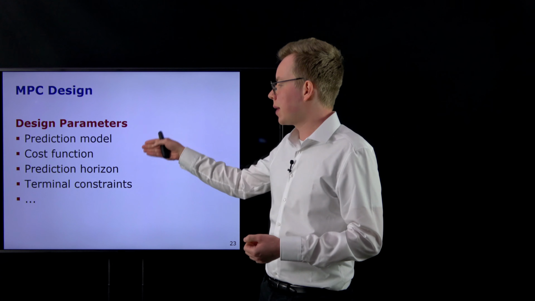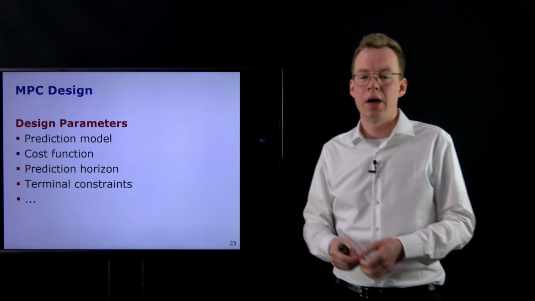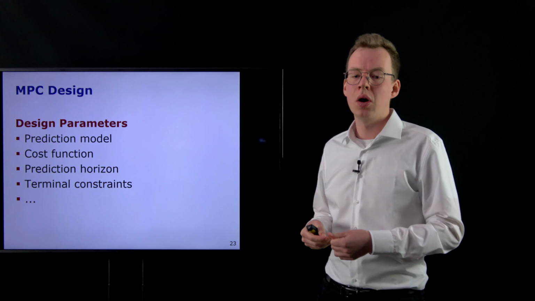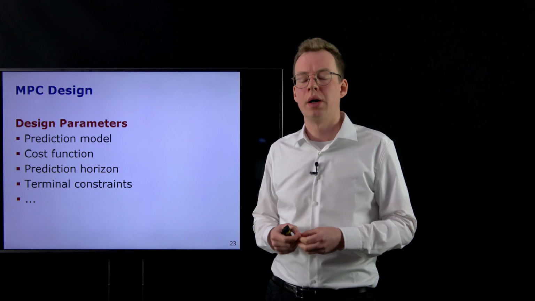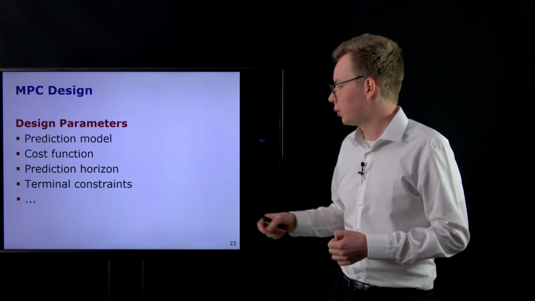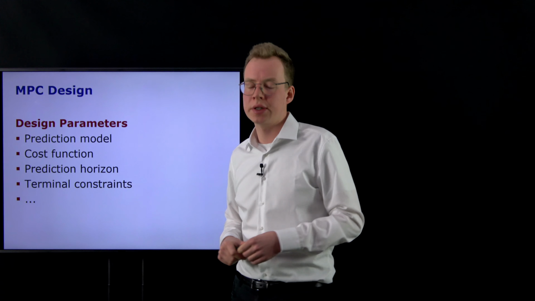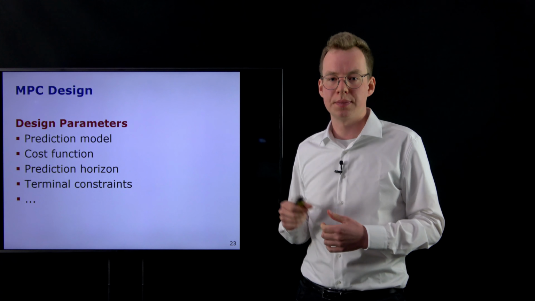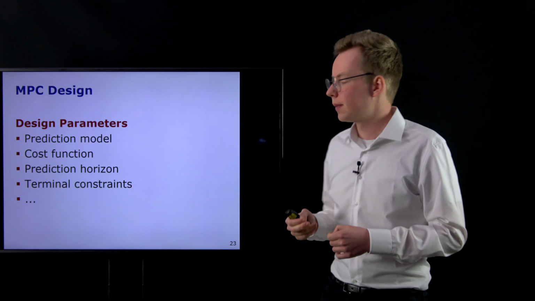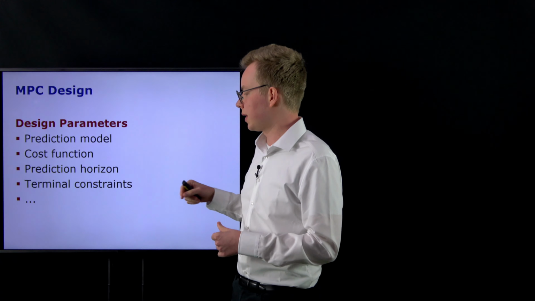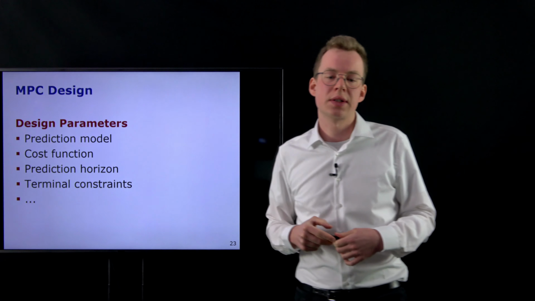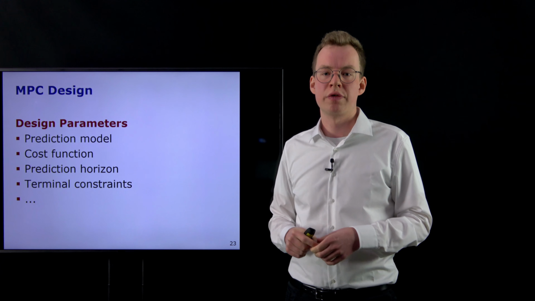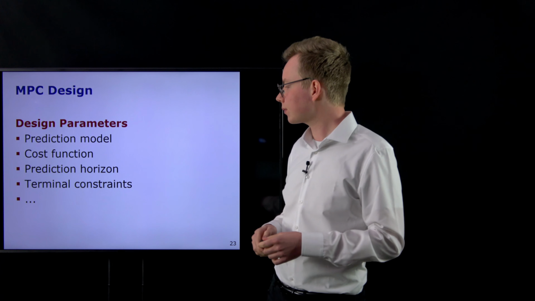These design parameters range from the prediction model that we use in our optimization, over the cost function that we use to encode the task, to the prediction horizon, which is the number of time steps that we include in our optimization at every optimization step. And then finally, I will also discuss terminal constraints, which are additional constraints that we can add in order to improve the safety of our system.